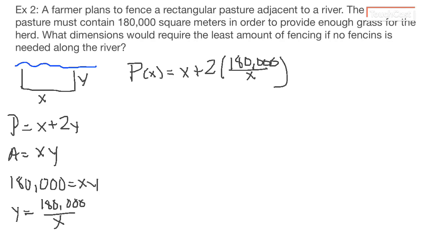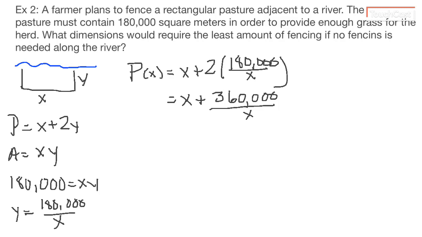So let's clean this function up a little bit. Let's multiply our 2. So our perimeter equation we can write as x plus 360,000 over x.